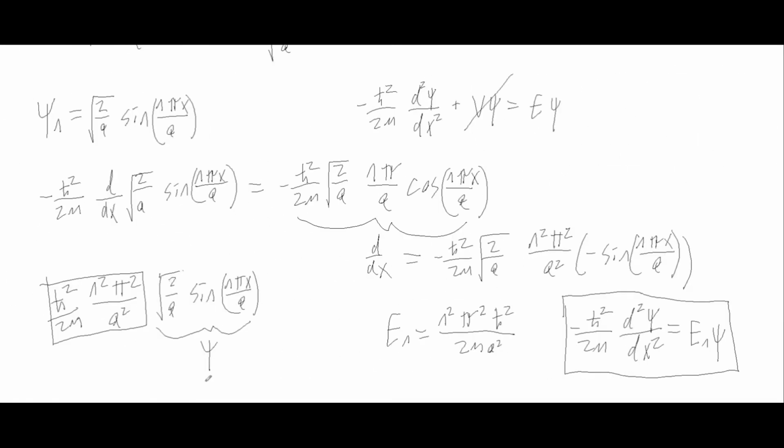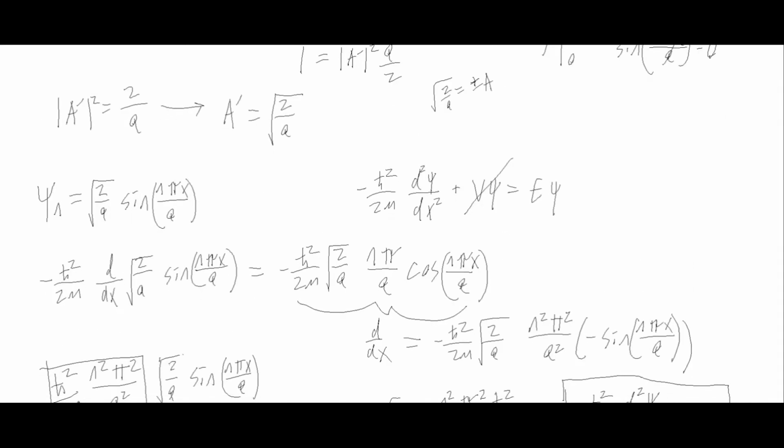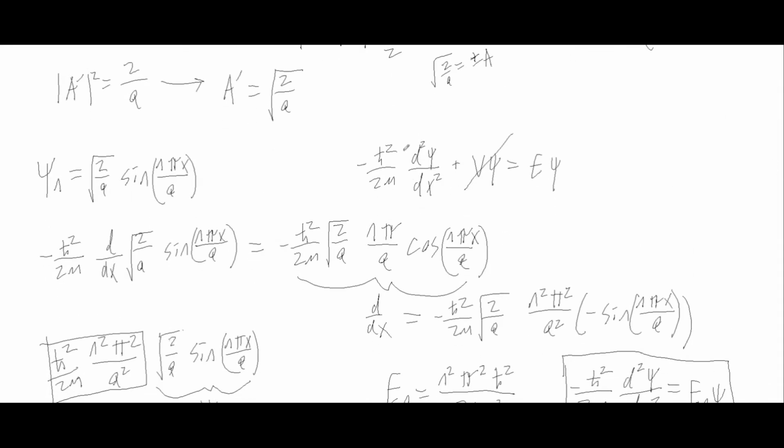In the Schrodinger equation, like I said, we are given this right here, and we want to find the function that satisfies it, and that would be this function right here. So this is the wave function.